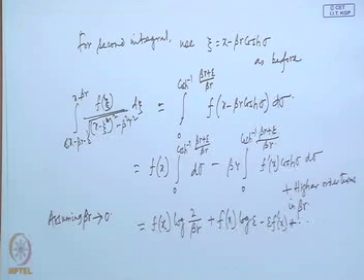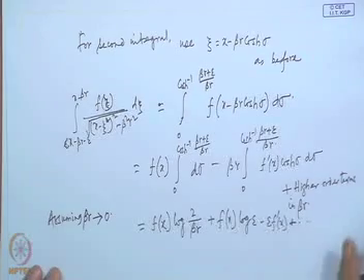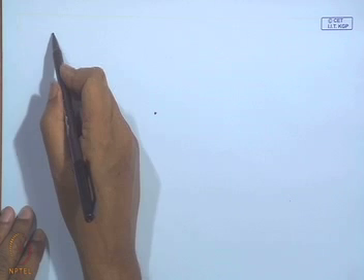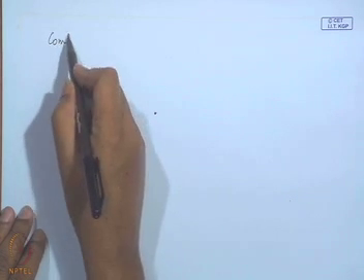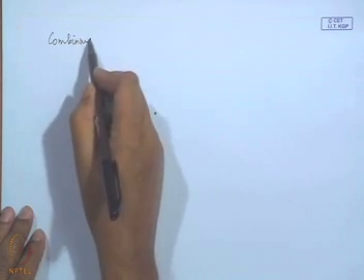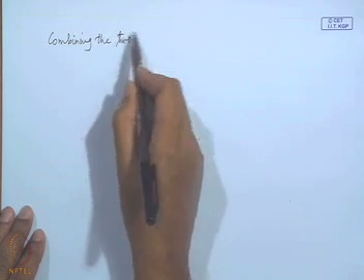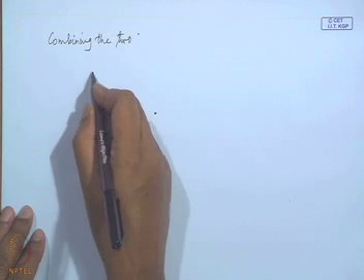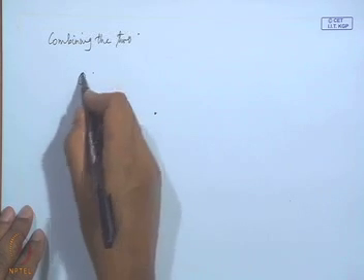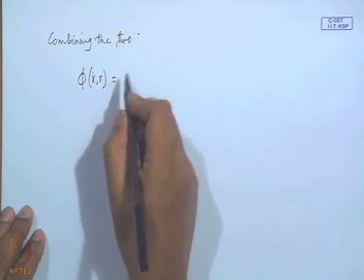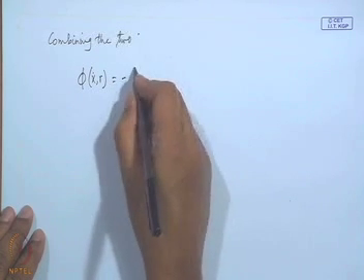Now, if we combine these two, we get the potential. So, we have phi of x, r equal to minus.